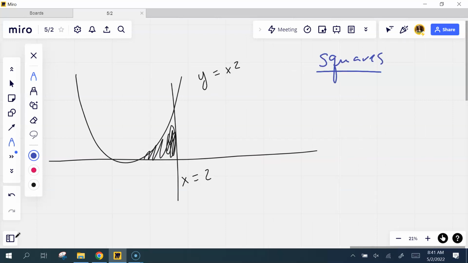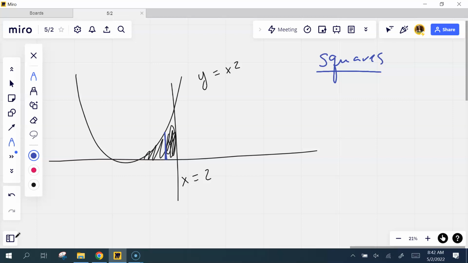So if I find the volume using cross sections, and the cross sections are squares whose bases are perpendicular to the x-axis, that means that's a base, right? They could be with respect to y, but most of the time, if you're talking about cross sections on the exam, it's going to be with x.